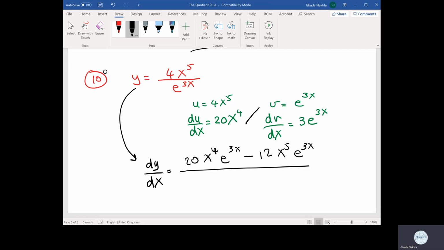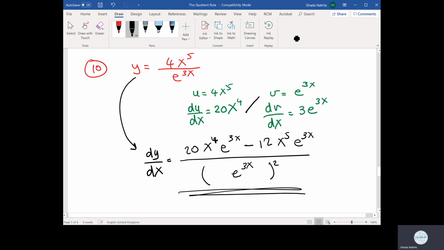It's minus u times dv by dx, so I multiply 3 by the 4, which is 12. Leave the x to the 5 alone and e to the 3x alone. Divided by v squared, so e to the 3x squared. And again, you can simplify it. You can take e to the 3x common factor from the numerator and simplify it with the denominator.